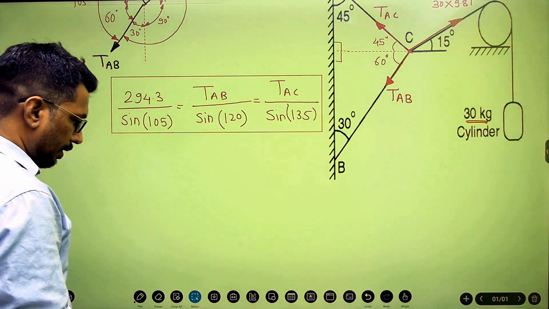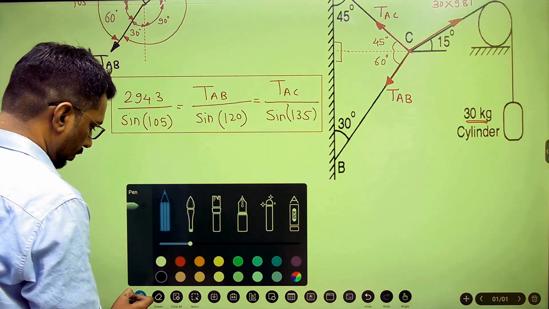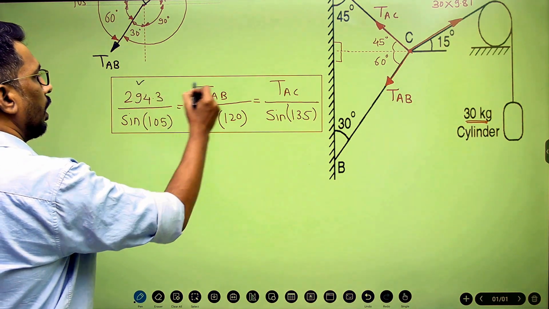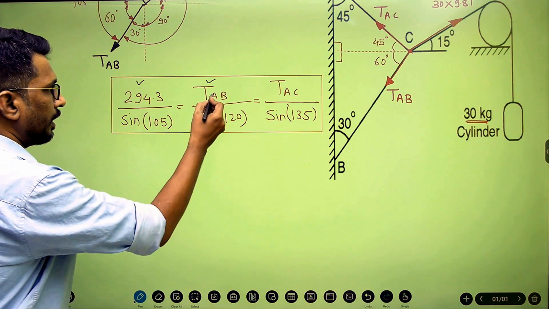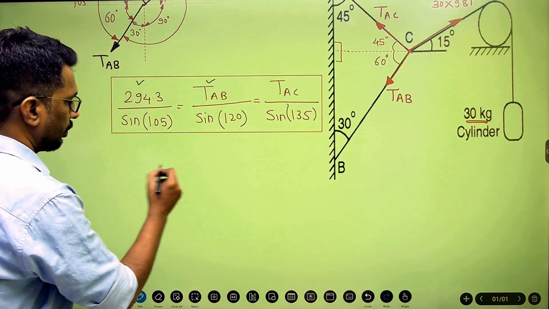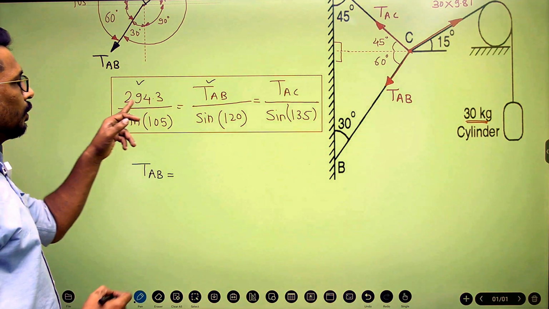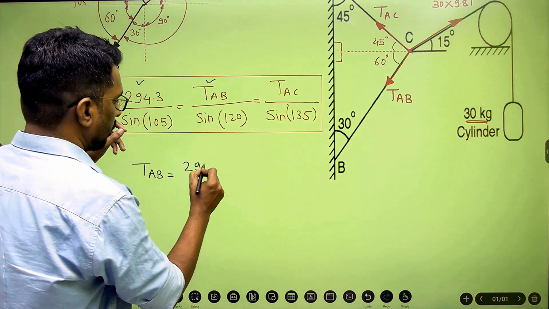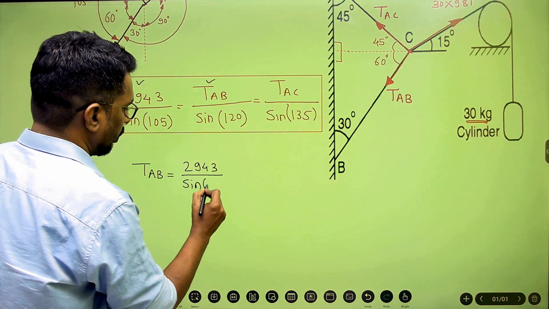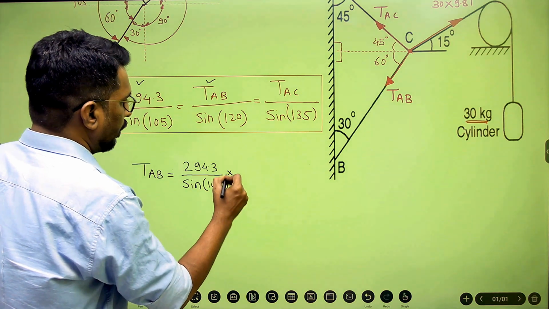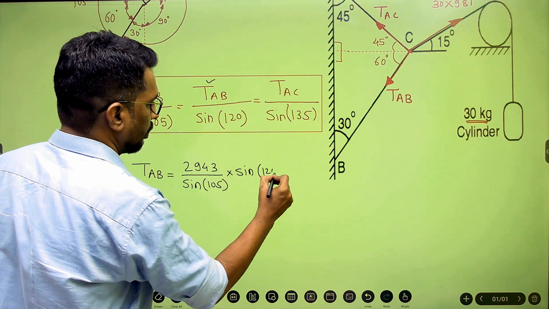Let it be, first I'll consider these two equations, this one and this one, and if I equate these two, I'll get the equation TAB, which is equal to 294.3 divided by sine of 105, into cross multiplication, that is sine 120.